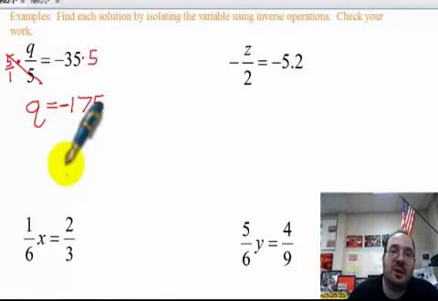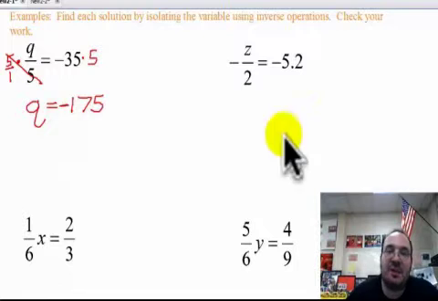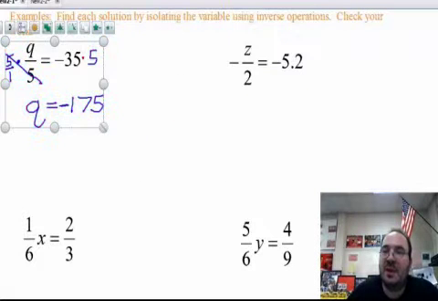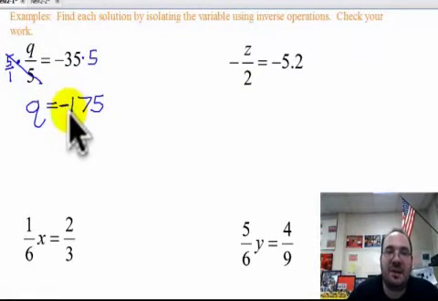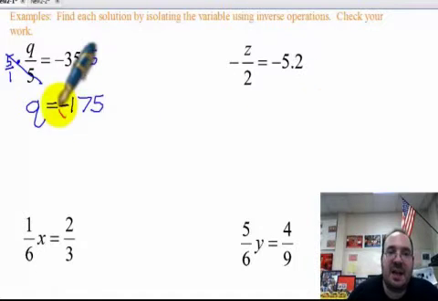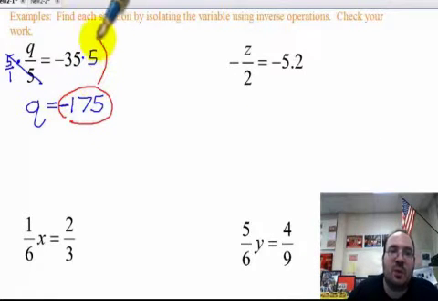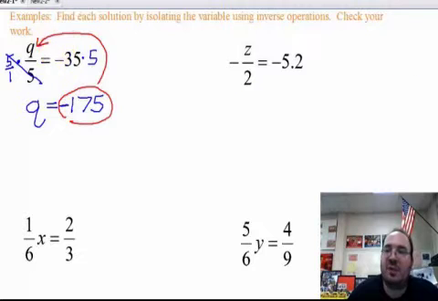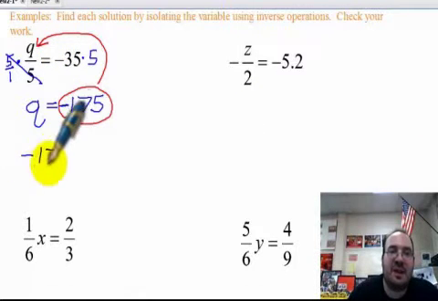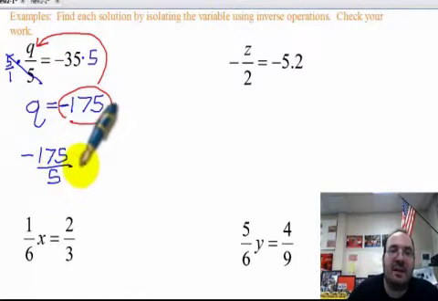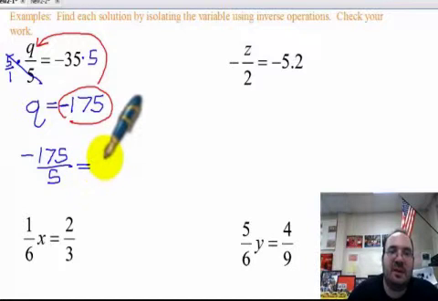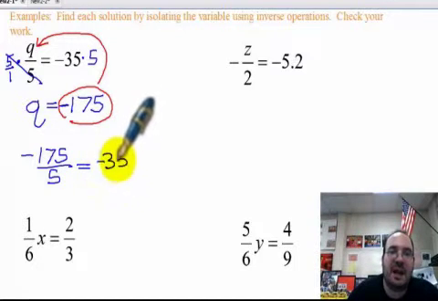Check my work. So I'm going to switch colors here, make this blue again. I'm going to take this answer that I got right here and plug it into the original problem and see if I get a true statement or not. So I have negative 175 over 5 equals negative 35.